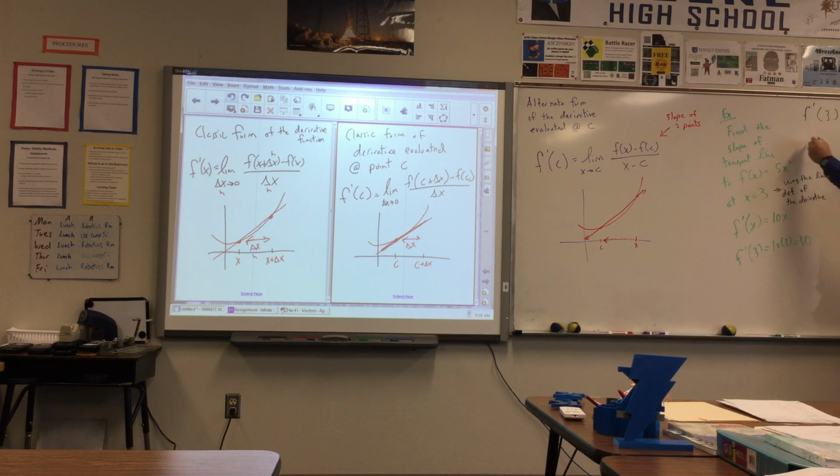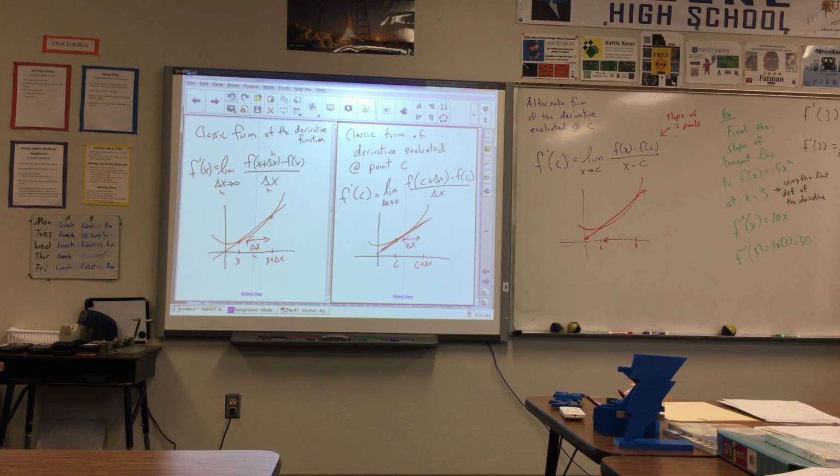If I were to expand this real quick, so f prime of 3 equals the limit as delta x approaches 0 of 5 times 3 plus delta x squared minus 5 times 3 squared all over delta x. And then we could go through and multiply everything out and factor and eventually get to the proper answer. I'm not going to expect you to get to the proper answer.